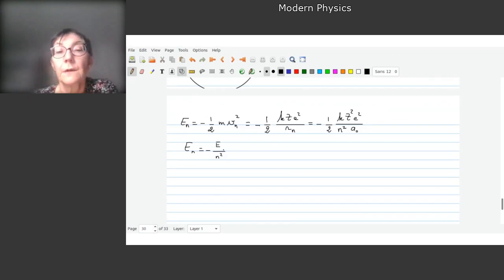I will call it E1 Z square, so it will depend on Z, where E1, if you put n equal to 1, is half k e square over a naught.